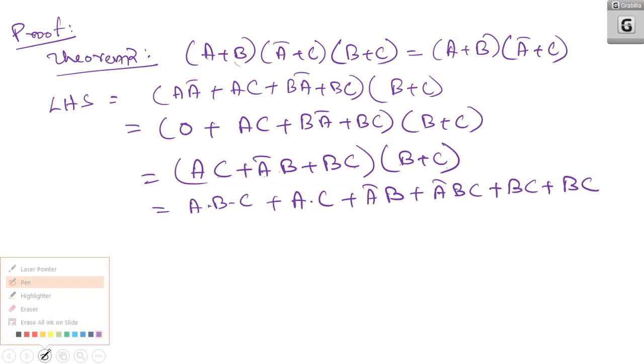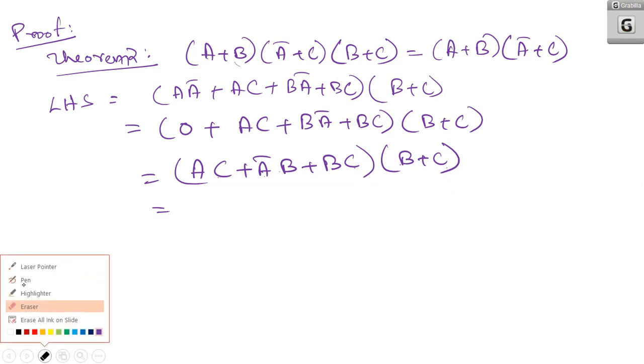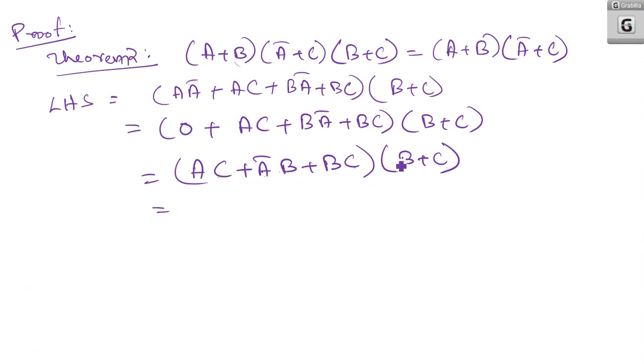One second, there is a doubt there. Let me expand it once more. AC dot B, that is A dot B dot C, or AC dot C. AC dot C means 0 C is C itself. So that is A dot C, or next one is A bar B dot B. B dot B is B itself.